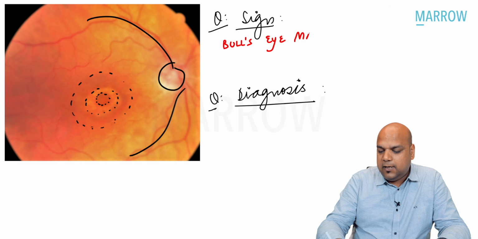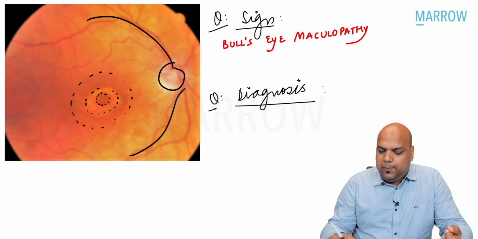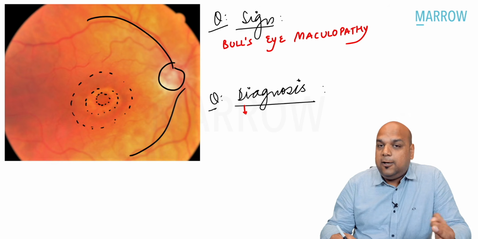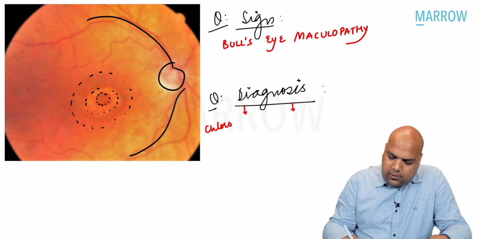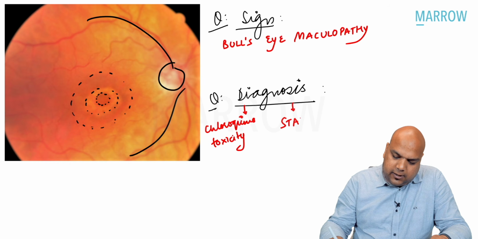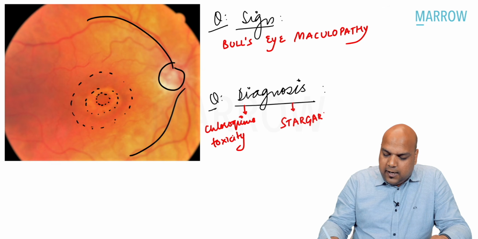Some people are saying, oh, if options had been written, you would have been able to answer it. Bull's eye maculopathy is seen in which condition? Diagnosis. There will be two answers here. One is, you already know, chloroquine toxicity. But if you're talking about an ophthalmology disease, then what will be the answer? That is what I am interested in. Stargardt's disease.